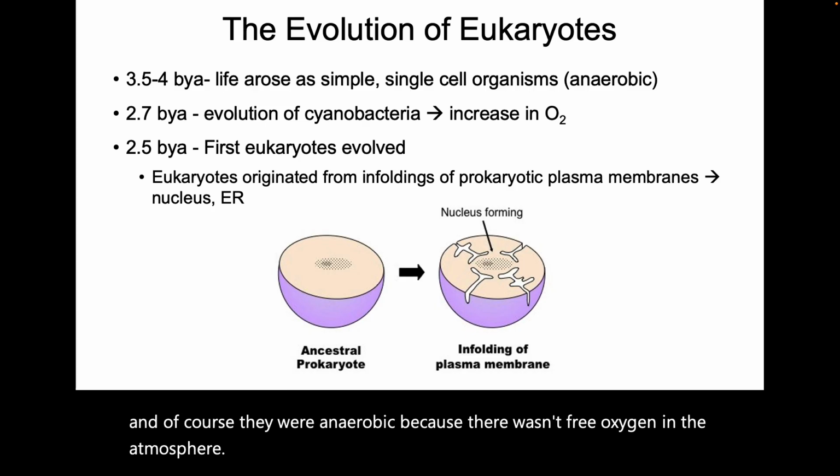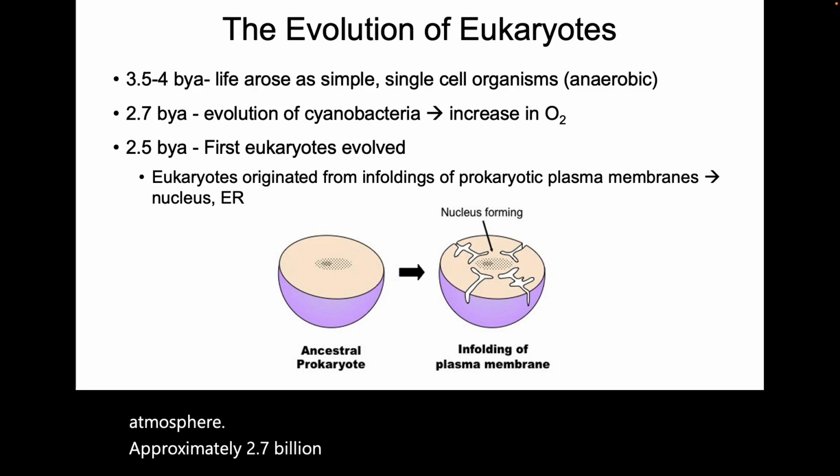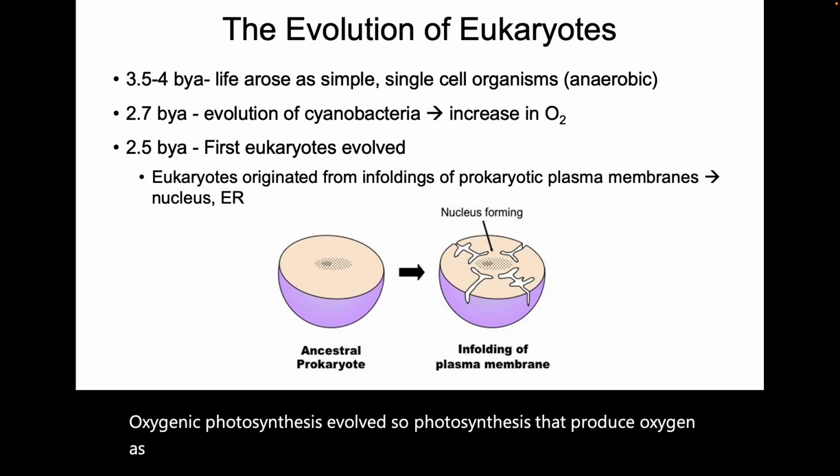Approximately 2.7 billion years ago, oxygenic photosynthesis evolved. So photosynthesis that produces oxygen as a byproduct. Some bacteria can do photosynthesis and they do not produce oxygen.